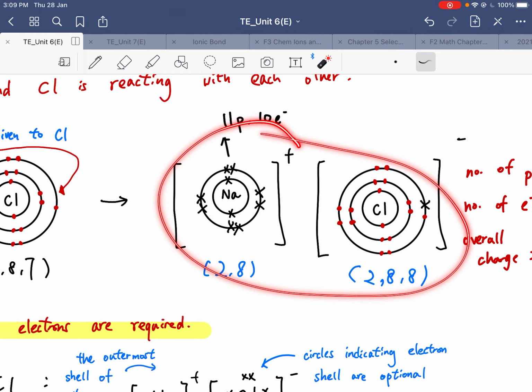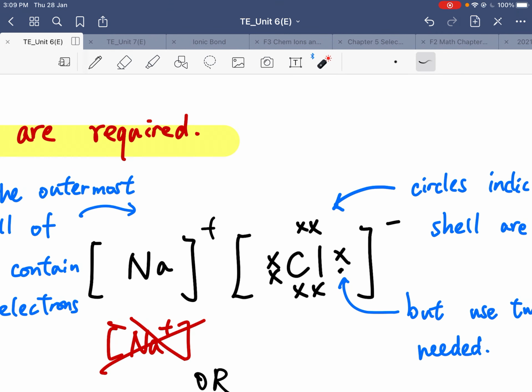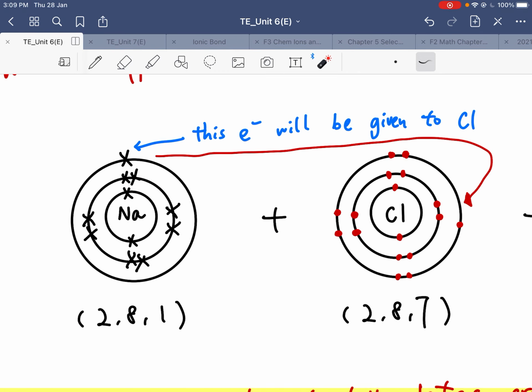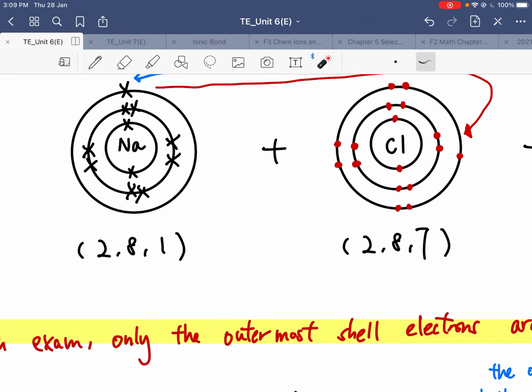Of course, in the exam you just need to draw the outermost shell electrons, and you don't need to draw the electrons for the cation. For sodium ion, magnesium ion, or aluminium ion, the outermost shell contains no electron, because the original electrons have been transferred to the anion.